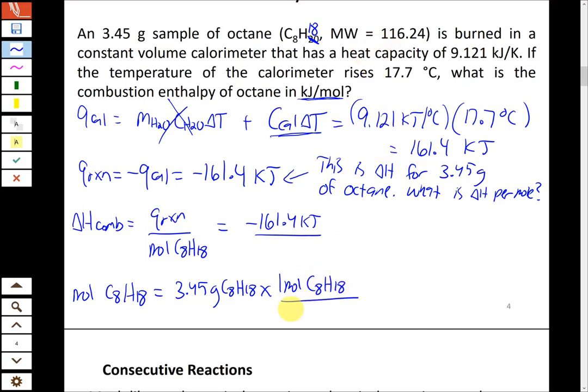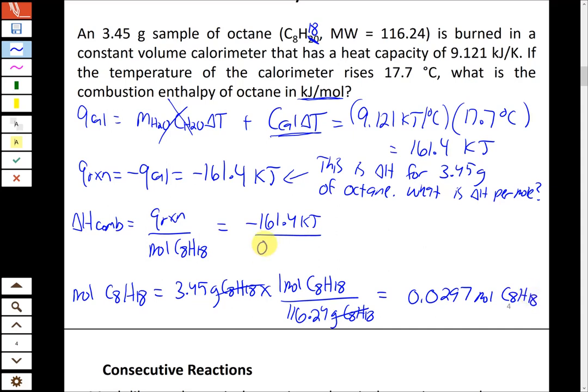And the molar mass is 116.24. So again, assuming there's nothing wrong with the numbers here, which there might be, but let's just go forward with it. That's how many moles that we have.